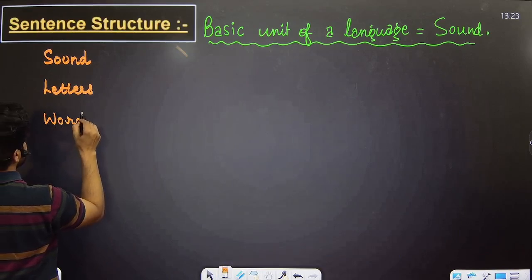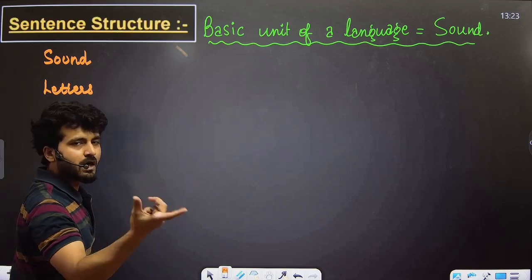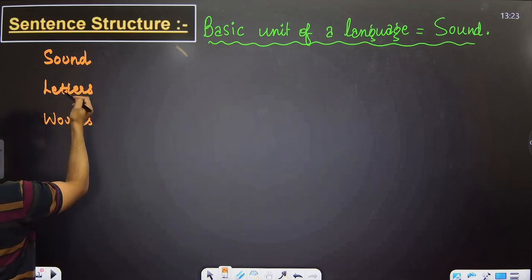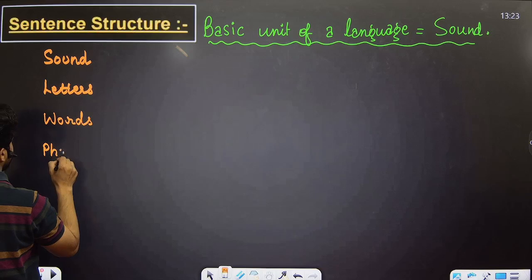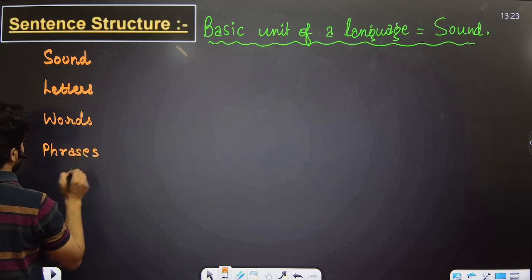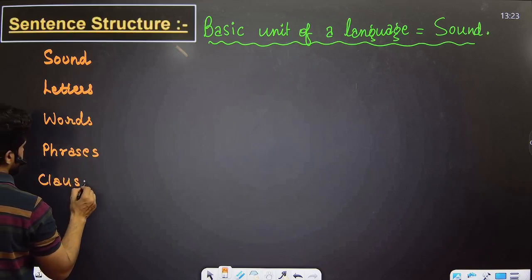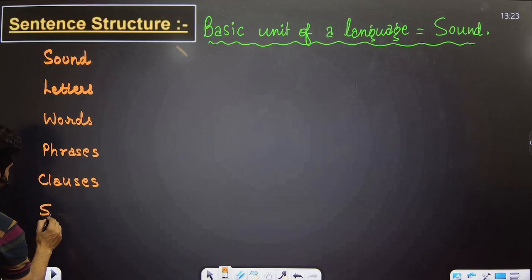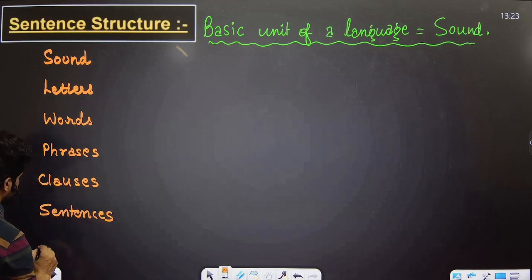Words. Don't say alphabets. Alphabets are the collection of letters, Varnamala. Got it? Sounds, letters, words, then you have your phrases, and then come the clauses, then you have your sentences, and then you have your paragraph or speech.